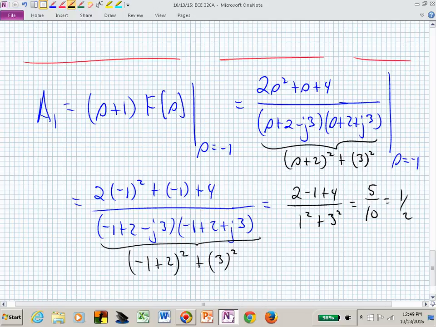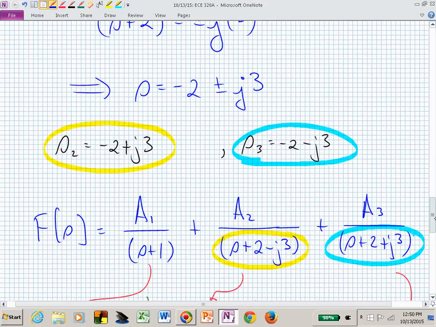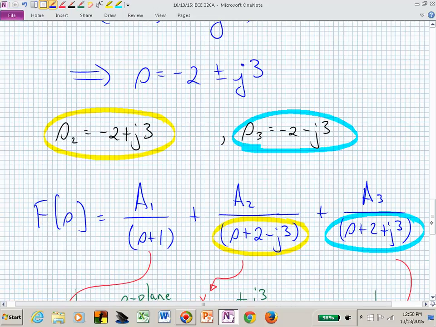Are there questions on that evaluation for A sub 1? Yes? How did I determine that all of these other terms on the right-hand side fell out, the A sub 2 and the A sub 3 factor, when I multiplied by s plus 1? If I multiply by s plus 1, it doesn't cancel anything in the denominator, does it?